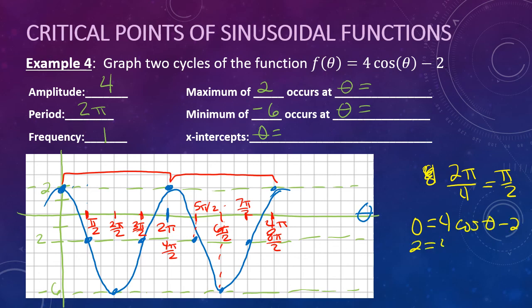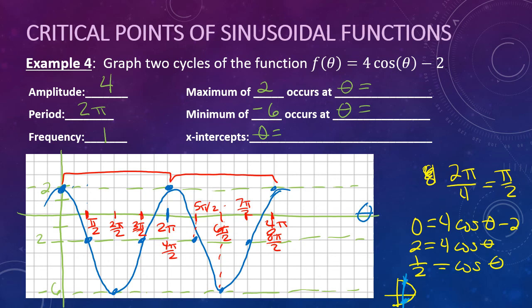Move my 2 over. So now I have to solve this on my unit circle. When is cosine theta equal to 1/2? That's kind of like right here. When is my x value 1/2?